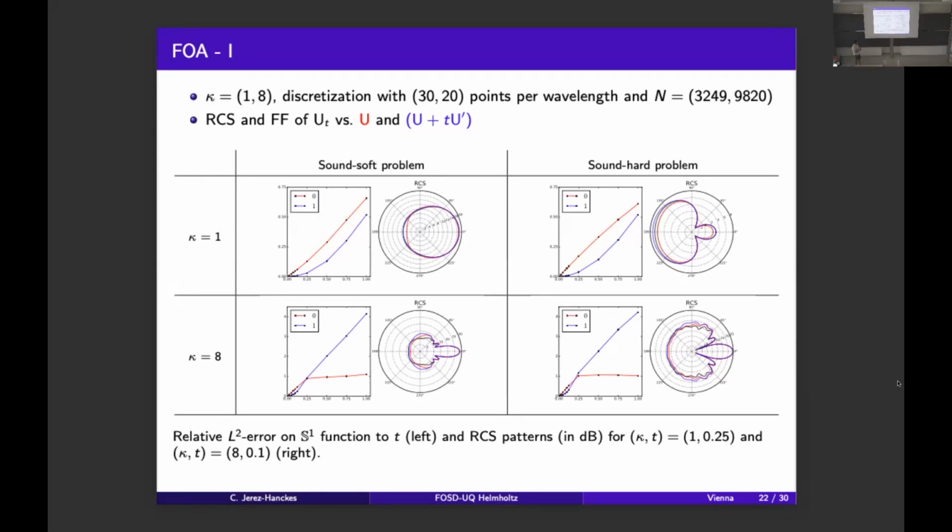But if you use this approximation and carry on pushing T to a higher value, you're just simulating something completely different. So this shows that the concept of T being smaller than epsilon is actually a wavelength dependent parameter. Same thing for the sound hard.